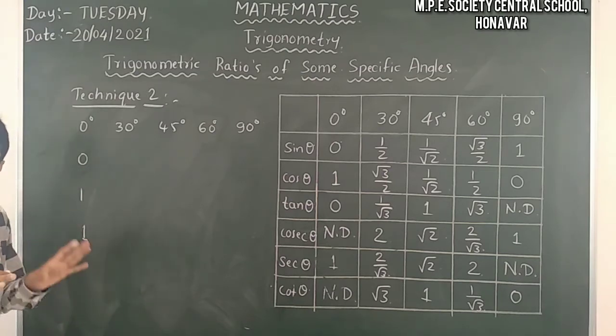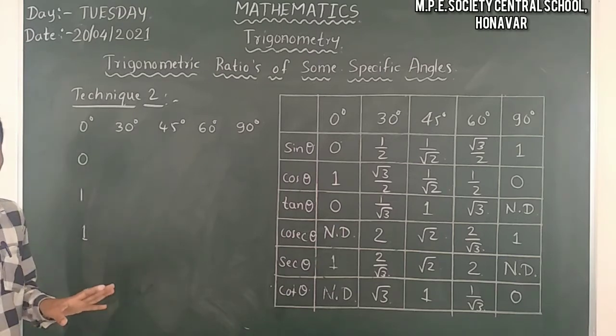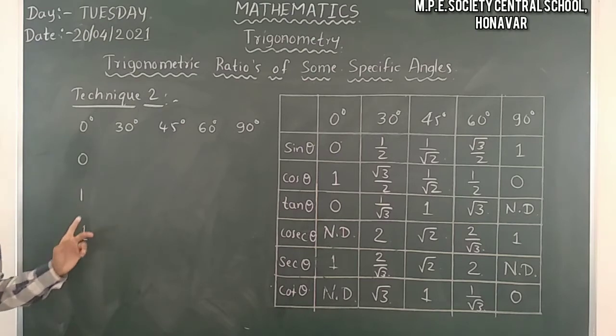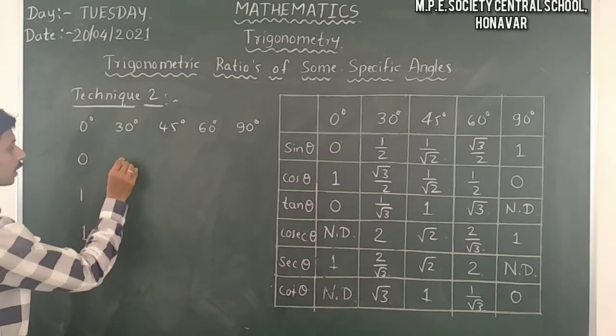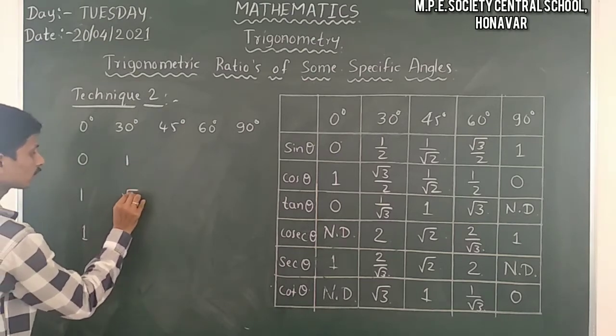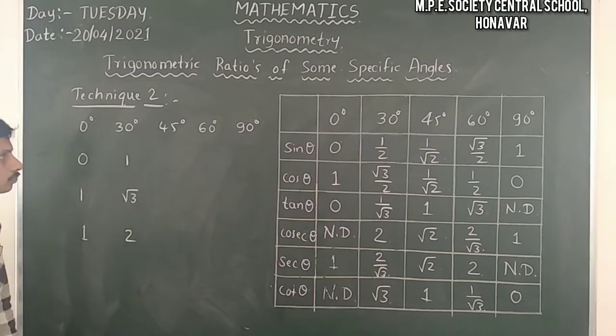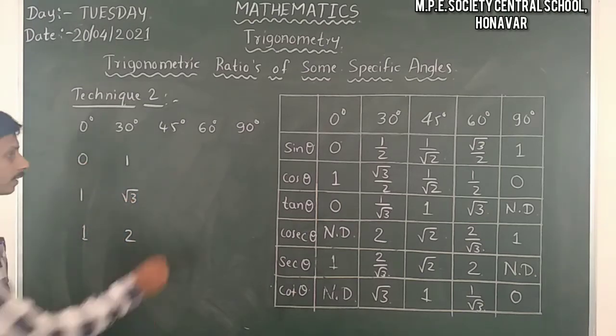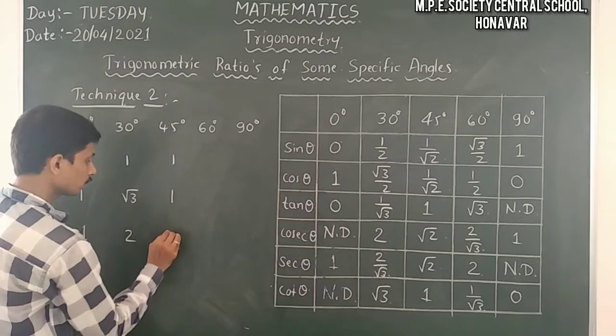So here we have some processes. Yes. So here the first thing is 0, 1, 1. Then the next one is 1, root 3 and 2. So 0, 1, 1 and 1, root 3, 2. And here it is 1, 1, root 2.